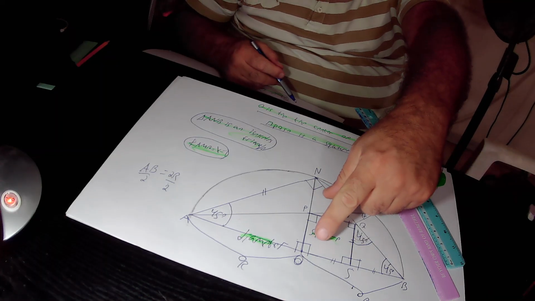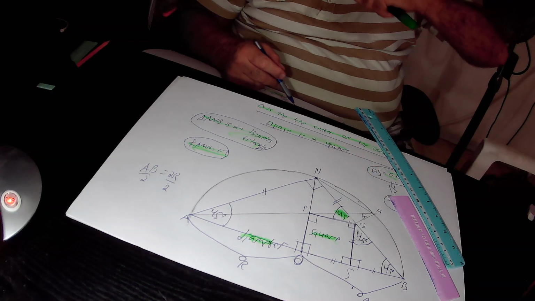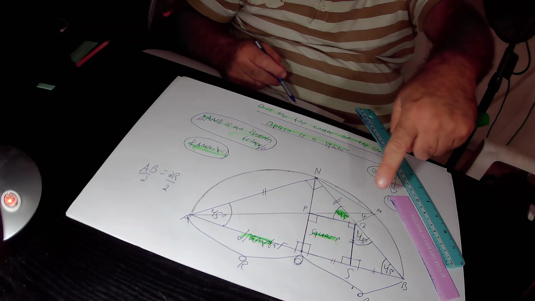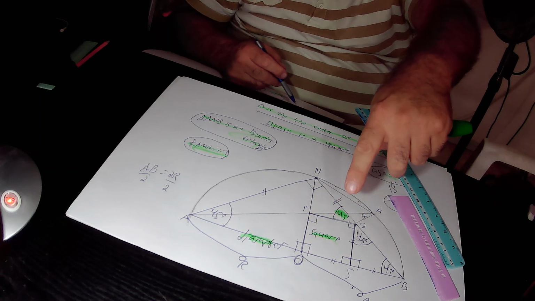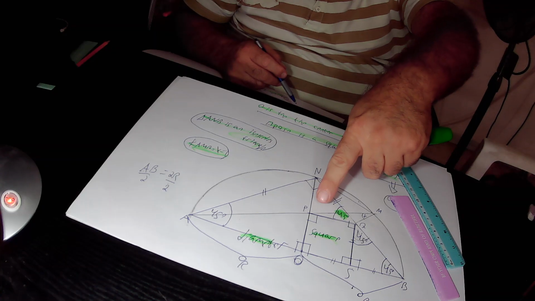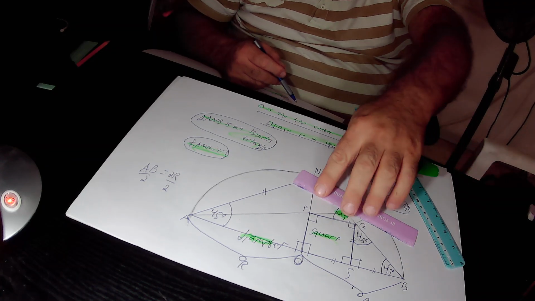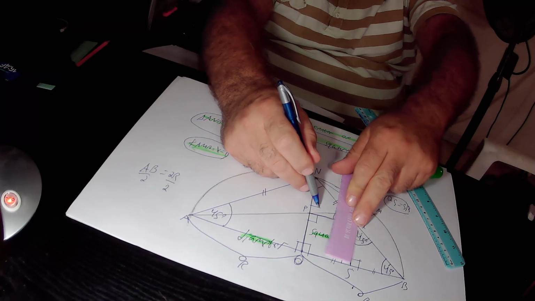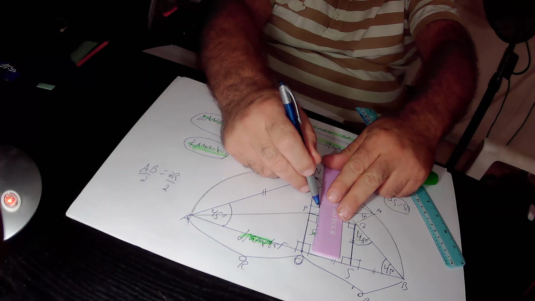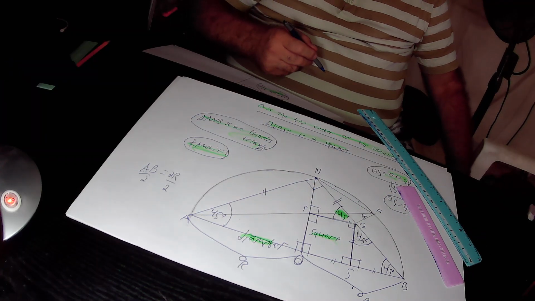Those two angles are defined as corresponding angles, and they are located between the parallels PQ and OS, and therefore they must be equal to each other in their sizes. But this angle equals 90 degrees, and therefore this angle must also equal 90 degrees, according to the rule that corresponding angles between parallel lines are equal to each other.